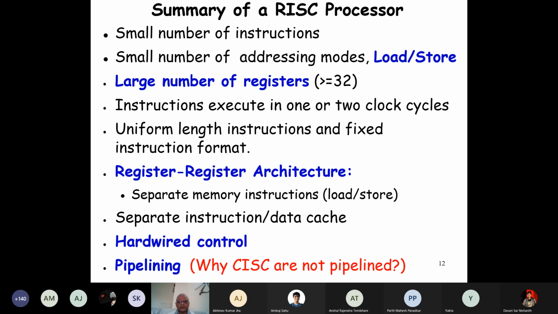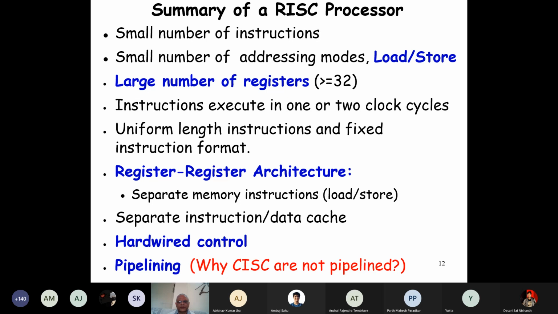The control circuit becomes much simpler than in the CISC processor, because in a CISC processor, remember, if it is a string instruction and so on, the control circuit has to generate all the signals for such a large number of operations, and that requires considerable complexity of hardware.